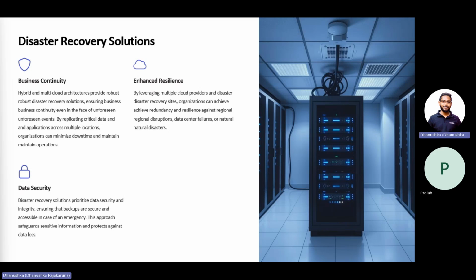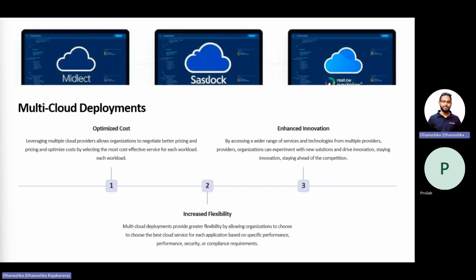So next we will talk about multi-cloud deployments. What is multi-cloud? A strategy where an organization uses services from multiple cloud providers like AWS, Azure, and Google Cloud to optimize performance, flexibility, and resilience.